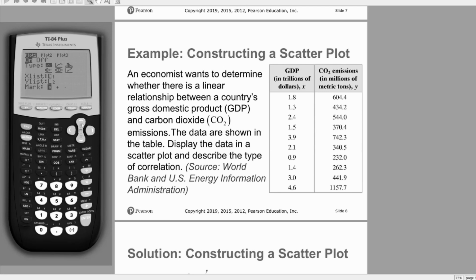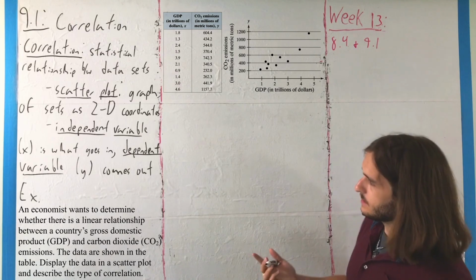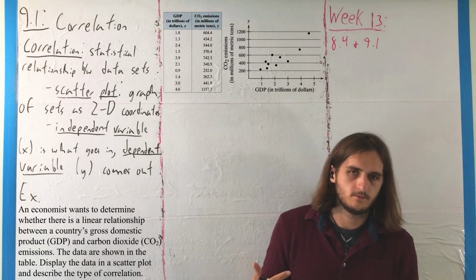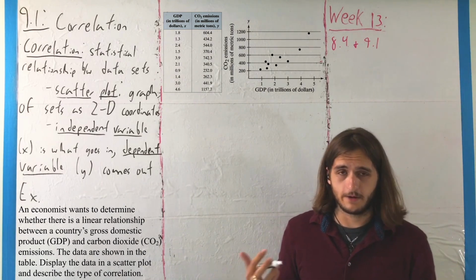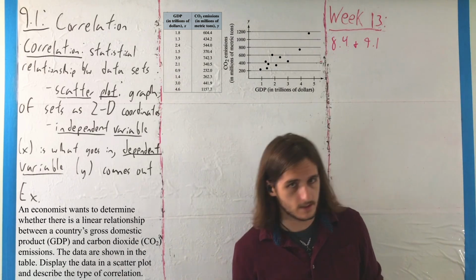Now, looking at this scatter plot, we can see that, like I talked about, it's not exactly a perfect relationship. In the reality of actual data sets, you basically never get perfect correlation.